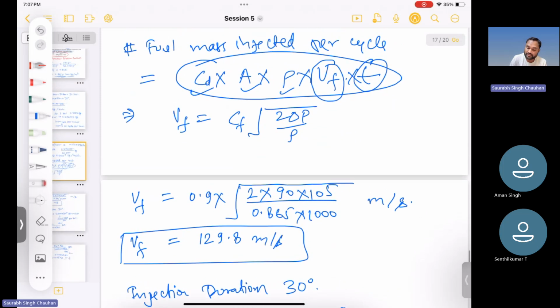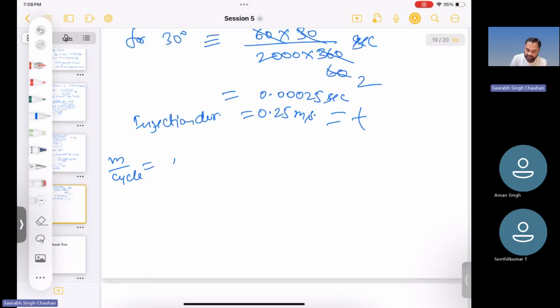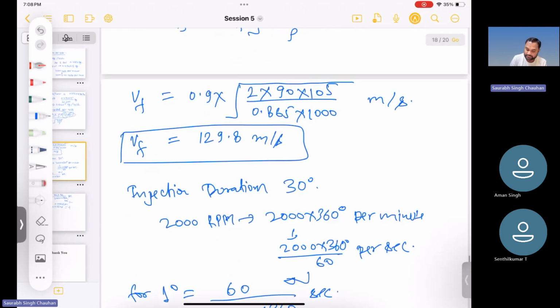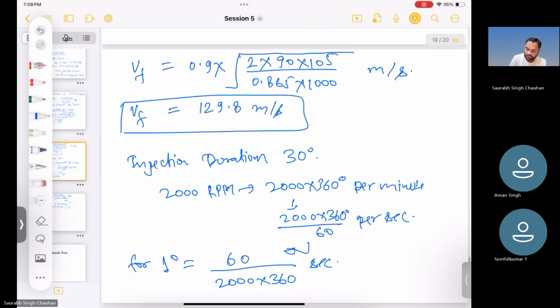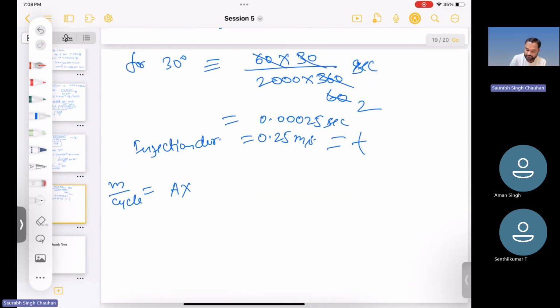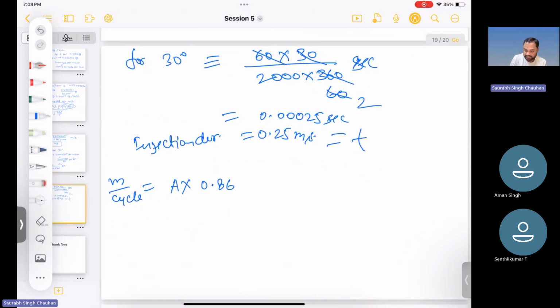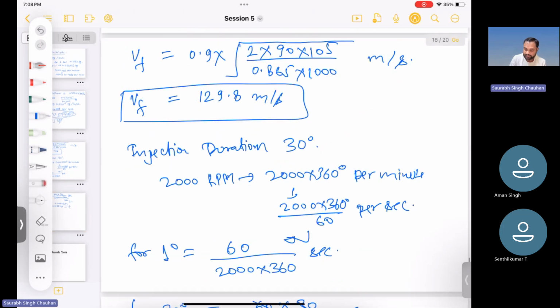So mass injected per cycle will be area times rho, where rho is 0.865 into 1000 kilogram per meter cube.